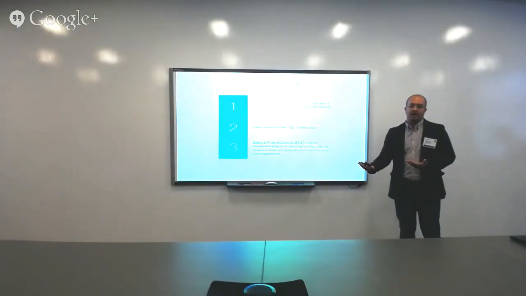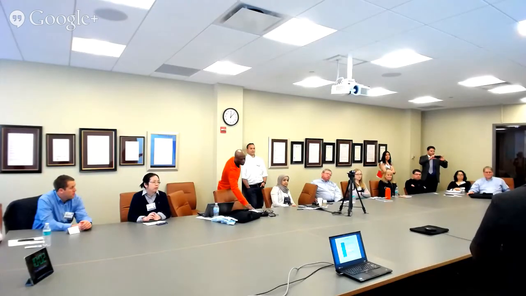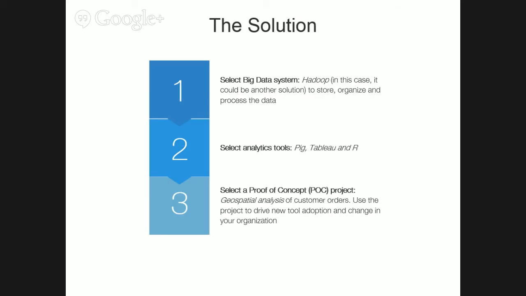We can't do that with your desktop or our current data warehouse. So we can scale this project. Basically, my POC, I chose geospatial analysis, taking customer orders and mapping them over a map of, in this case, the US, and looking at where the hotspots are. So let's move on to the next one.